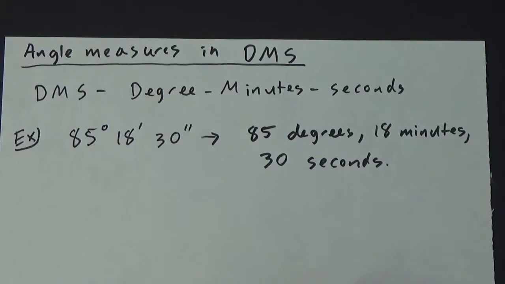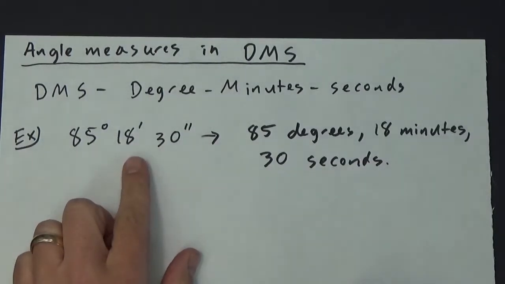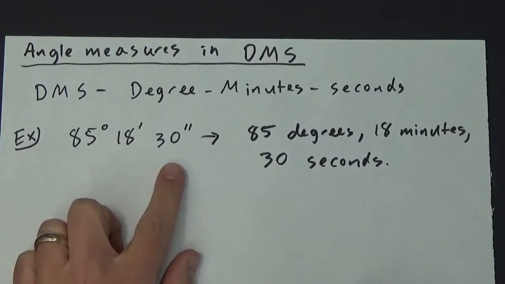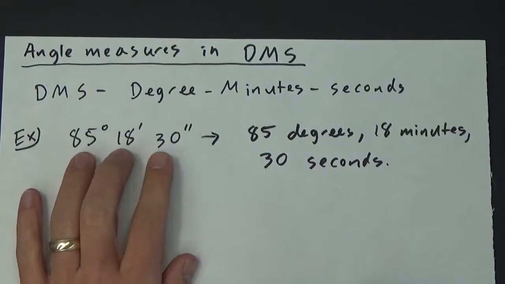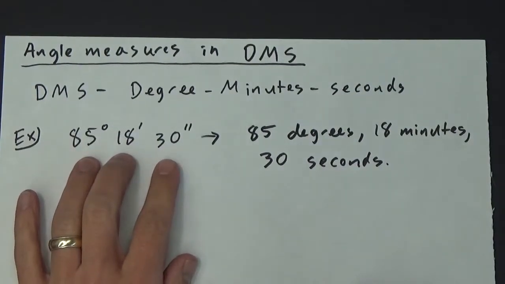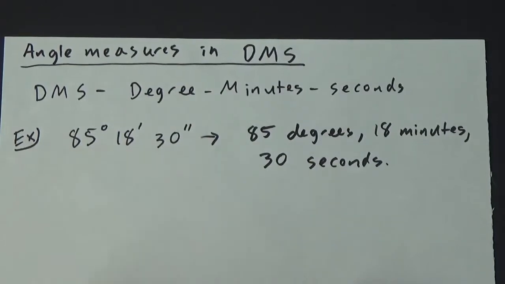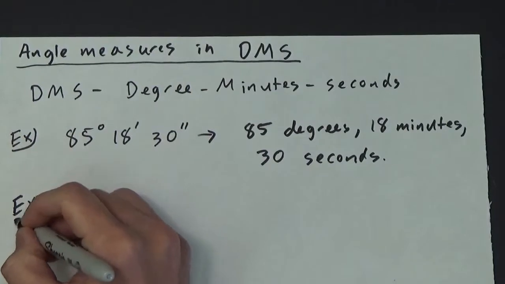So what we want to do is learn how to work with this 85 degrees, 18 minutes, and 30 seconds. And you actually don't ever really work a problem in this form. What we do is convert this into a decimal degree equivalent. So let's look at that example here.